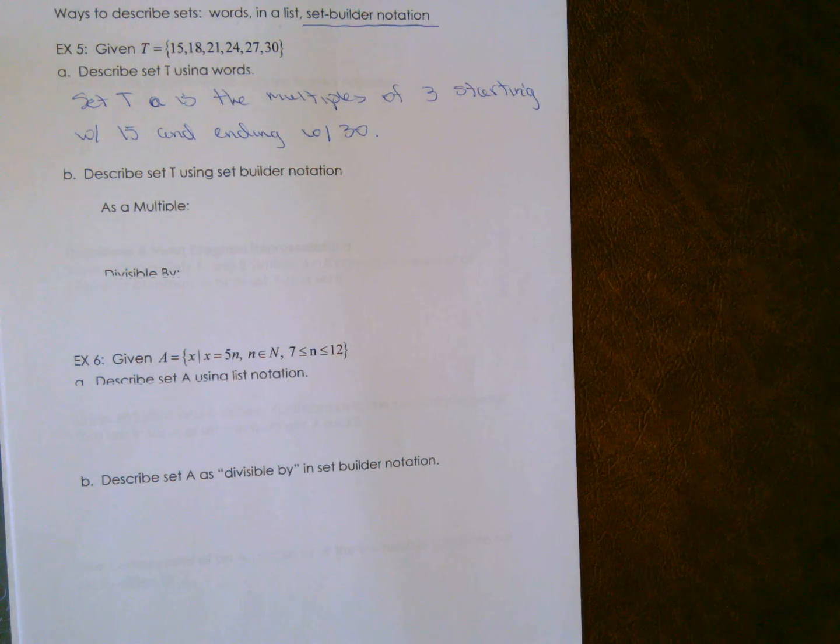Notice you have to be specific, because if you just say multiples of 3 they go on forever, right? And there are multiples of 3 also before the number 15. So make sure you're specific so the reader knows exactly what numbers belong in a particular set.